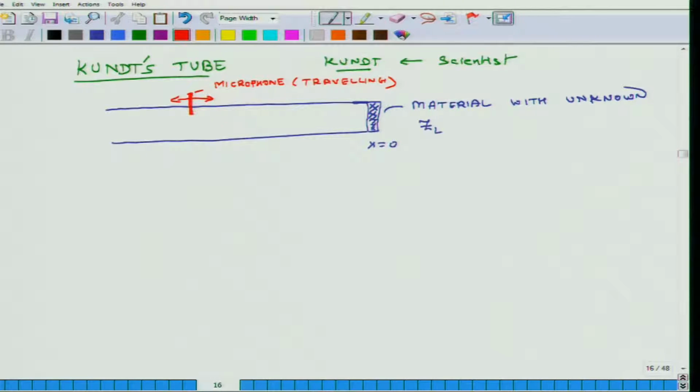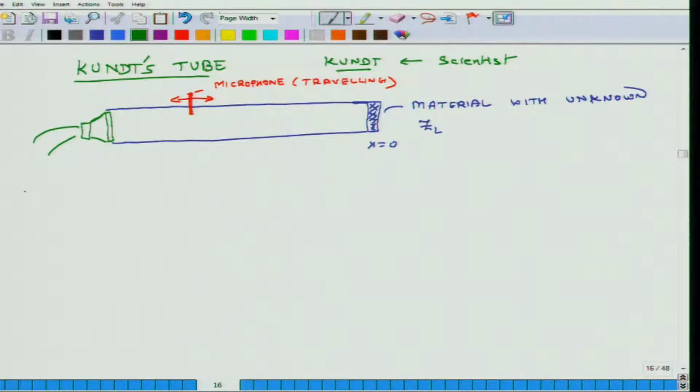So the microphone is the third element. First element is the tube, second element is the unknown material, third element is the microphone, and the fourth element is a sound source. You can have a speaker placed at this end of the tube, and you can excite this speaker using some source.